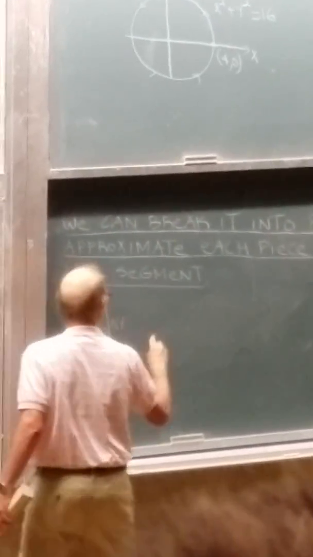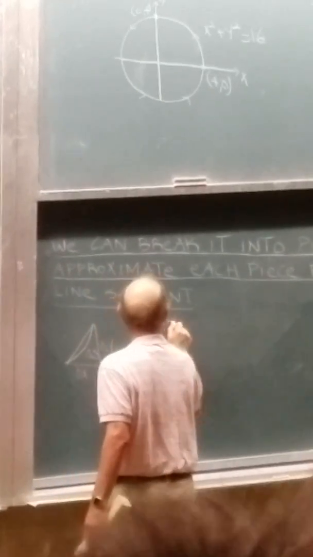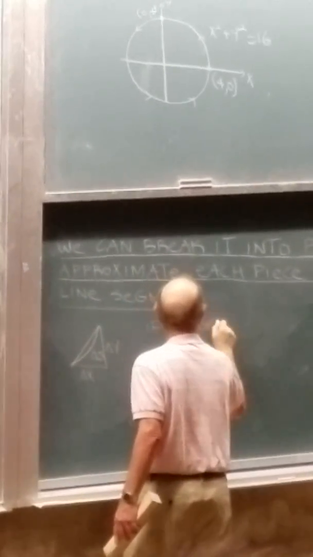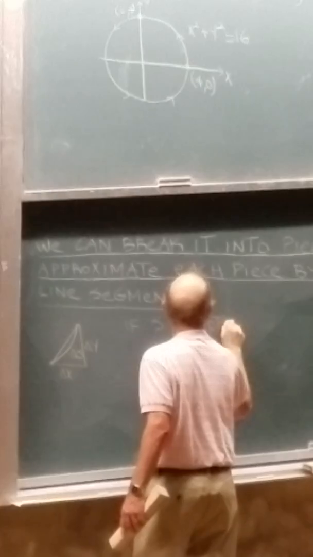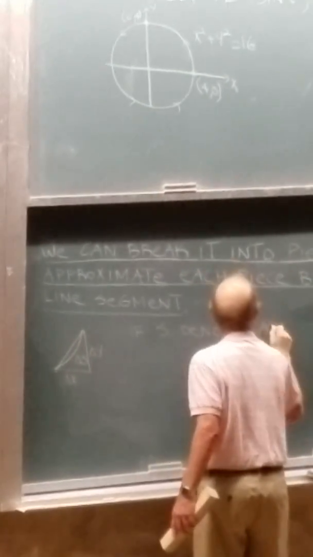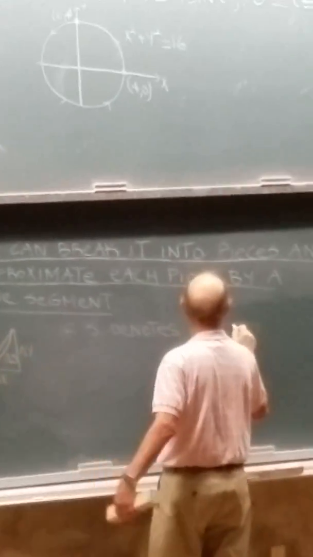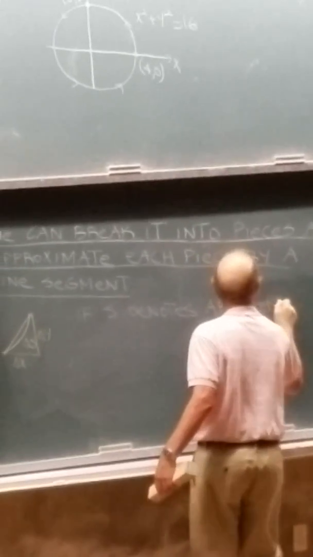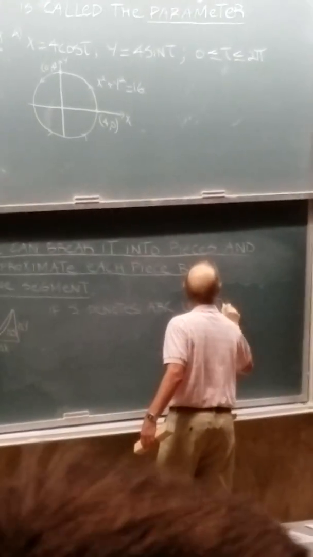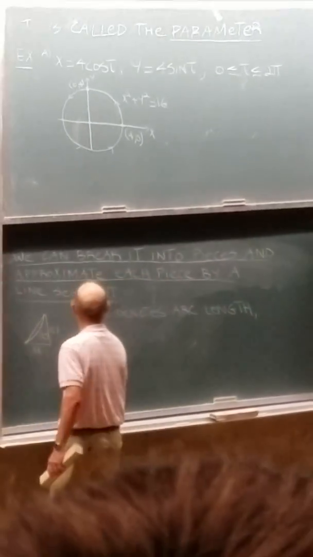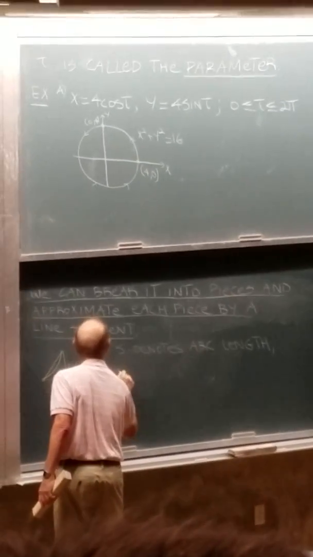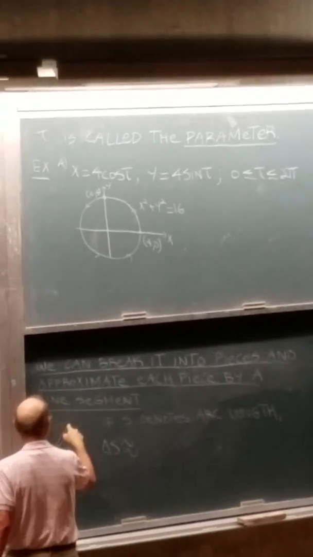And so if we let s denote arc length, we have that the length of a small piece of the curve, which is what I'm calling delta s, is approximately equal to the length of this line segment.